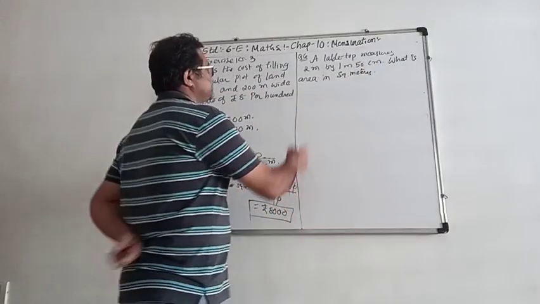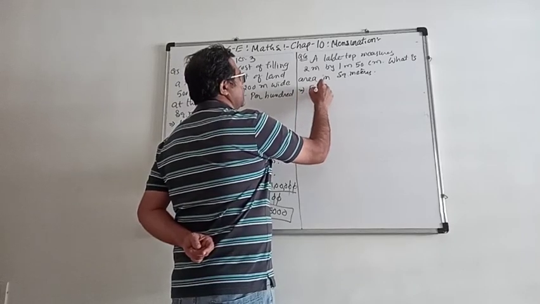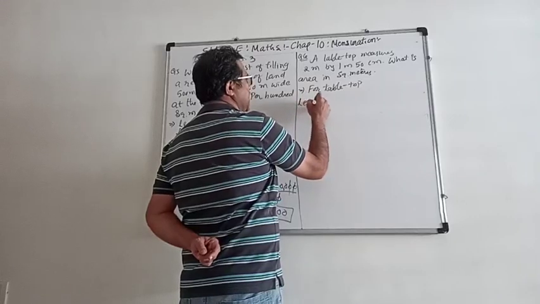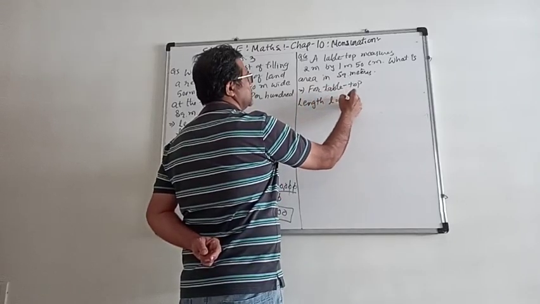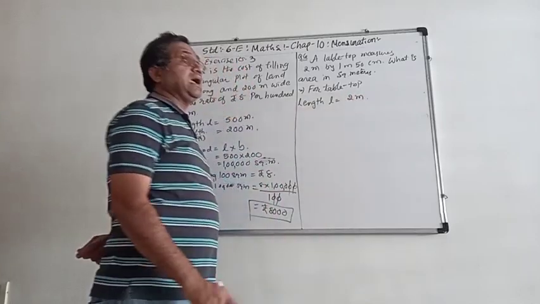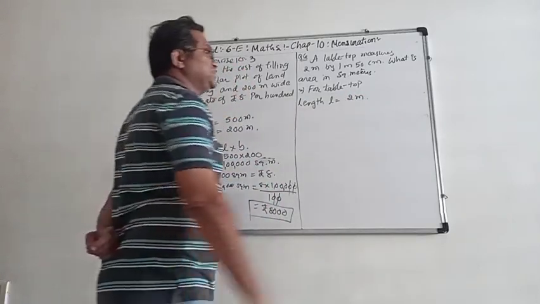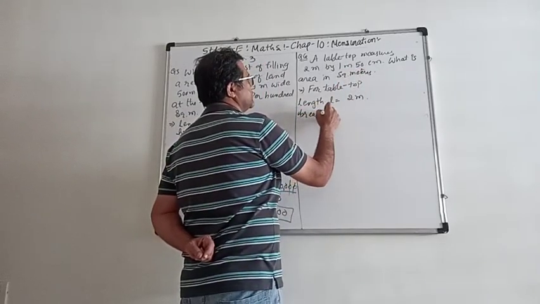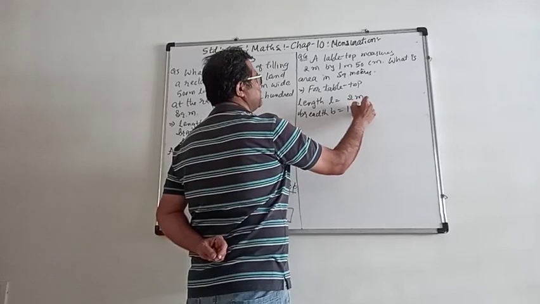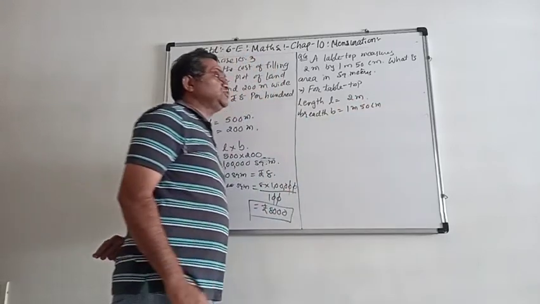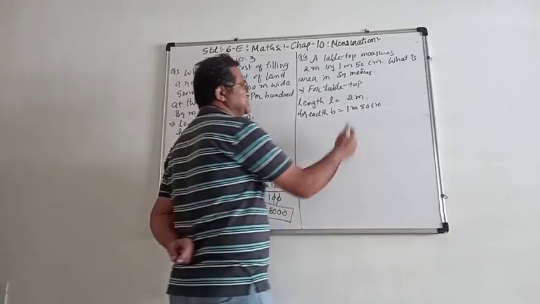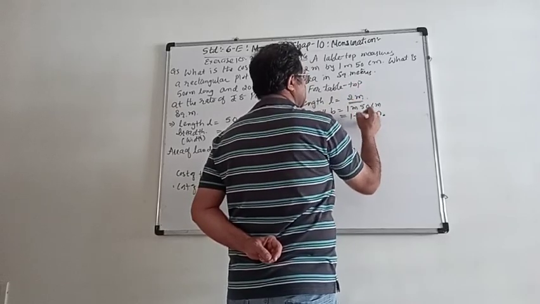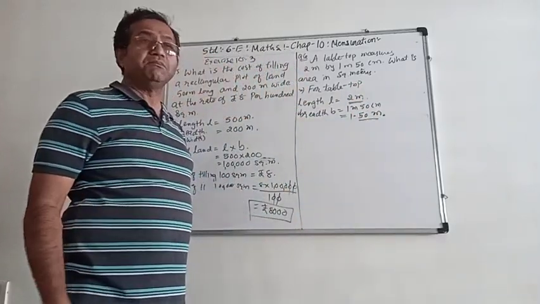Now, here for the tabletop, length is given how much? 2 meter. And the breadth is given in meter and centimeter both, 1 meter 50 centimeter. We know how to convert it into meter using the decimal. That is 1.50 meter. So now both of them have the same unit, meter.